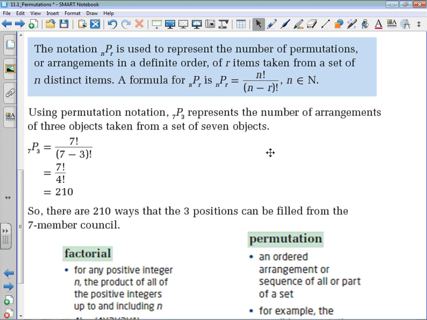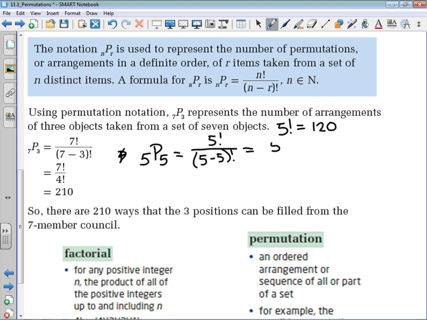Now, in the previous question, in example 1, in the middle, we had 5 people and we were arranging all 5 of them. I talked about that if I have 5 objects and I arrange them, I get 5 factorial, which ends up being 120. I'd like to show you that if I did have 5 pick 5, so I have 5 objects, 5 people in this case, and I'm arranging all 5 of those people where the order matters, then based on that formula, this would be 5 factorial over, in a bracket, 5 minus 5 factorial.